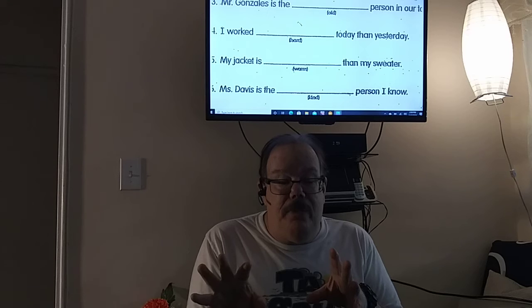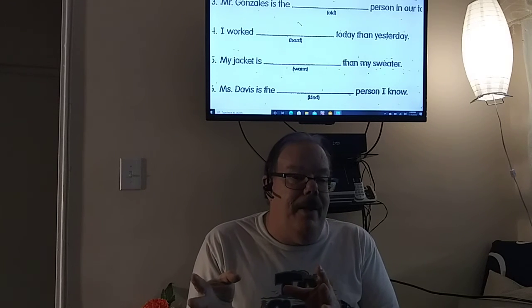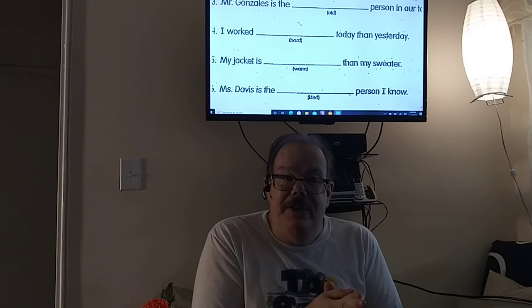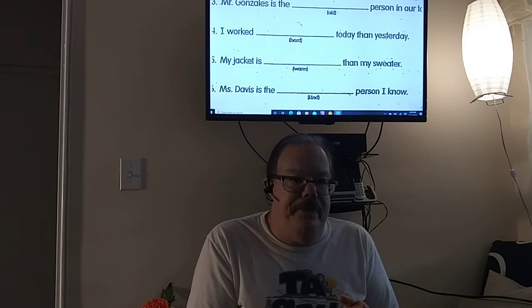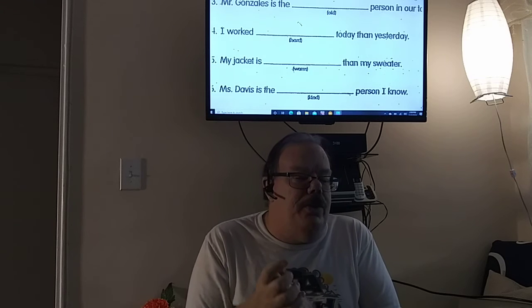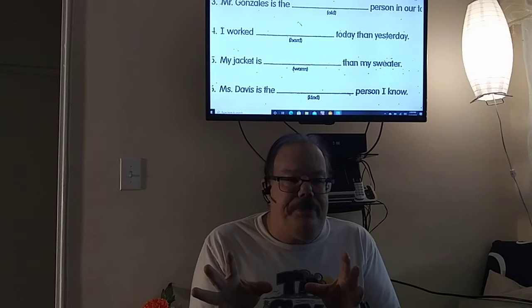You know, of the two people, he is stronger. See, we don't have than. But it tells you two. So, you know, look for the two. If you don't know that, then look for the than. So you're going to find one of them.